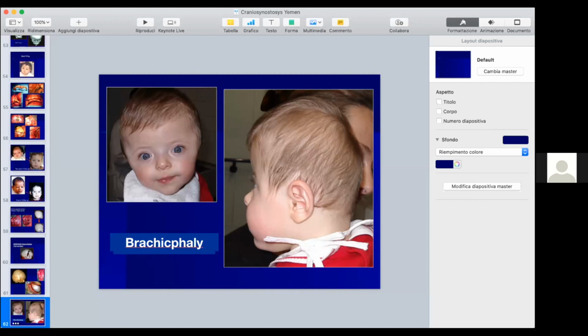It's secondary to the brain atrophy. And so you can do nothing, because the principle of treatment of craniosynostosis is that the brain can grow, and so it could determine the shape of the head. Normally, the head gets the shape because the brain is inside. If no brain, no shape.